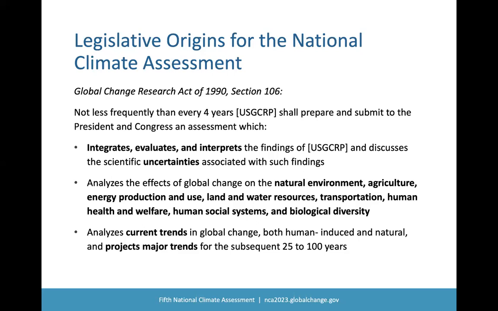NCAs are used by organizations and individuals for a really wide variety of purposes, including national, state, and local policymaking, for risk management in the private sector, for local mitigation and adaptation planning, as well as use by many practitioners, utility managers, and in formal and informal education settings. Next slide, please.